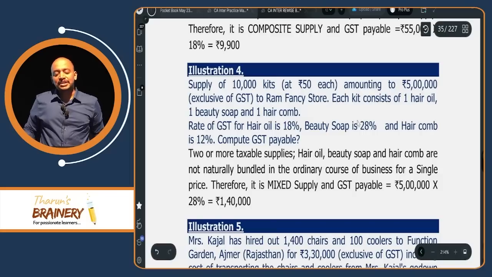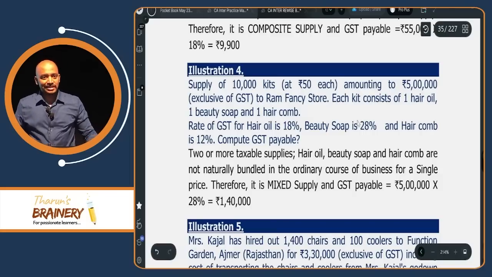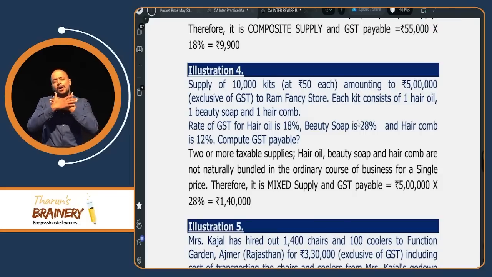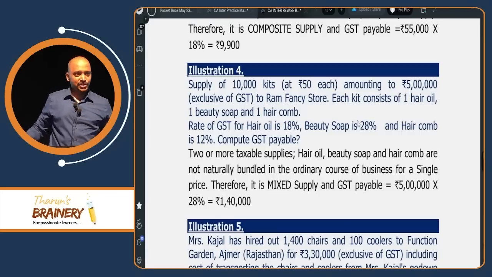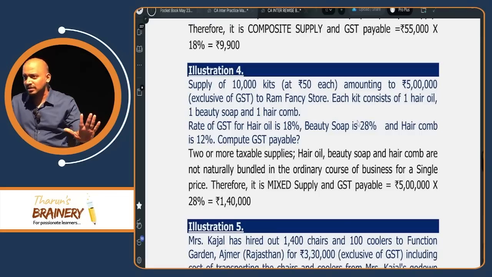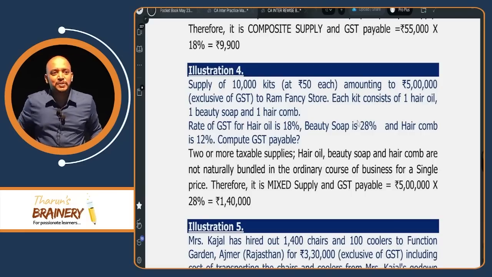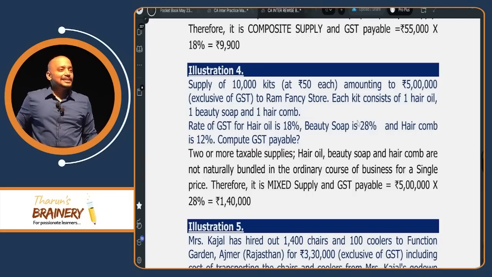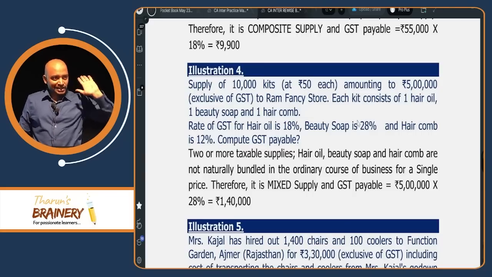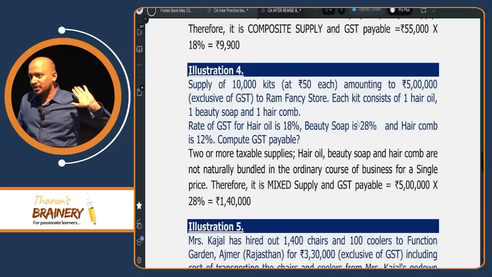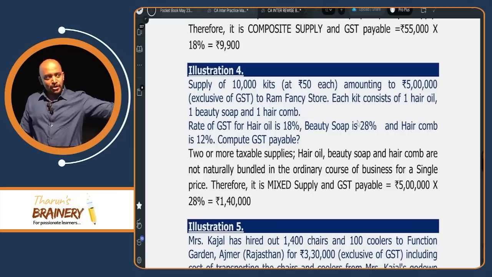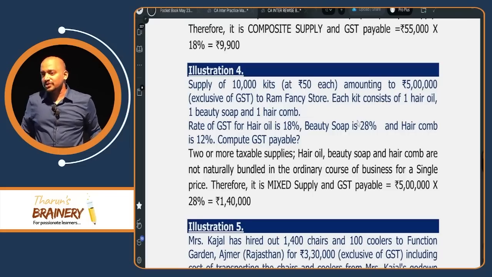But they have not given inclusive of GST or exclusive of GST. So generally all amounts, in the absence of information in the question, will be exclusive of GST. Only one place we will take the assumption as inclusive of GST. Which place? Interest. Interest alone is inclusive of GST, in the absence of information in the question. Otherwise all other amounts will be assumed to be exclusive of GST.